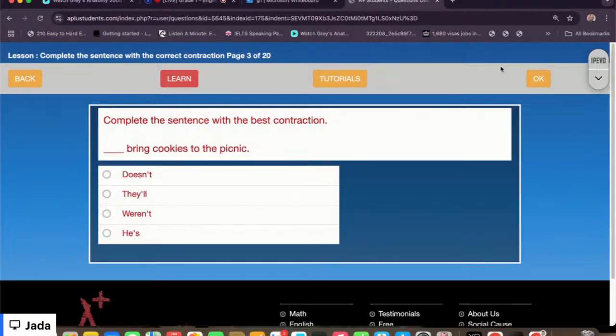Yeah, so option two, they will bring cookies to the picnic. Okay, so they will.